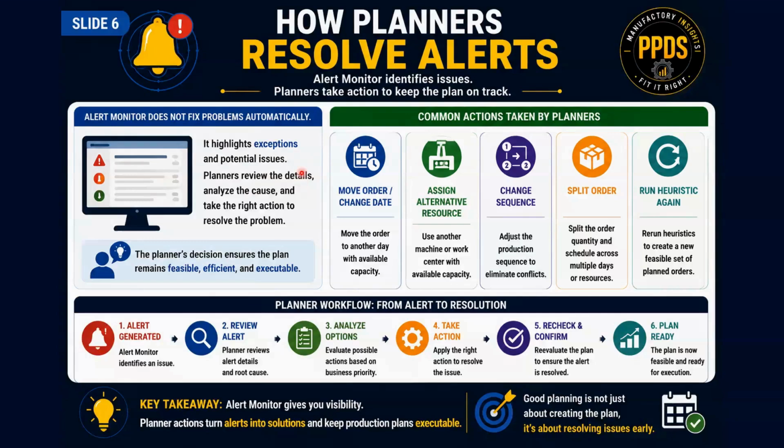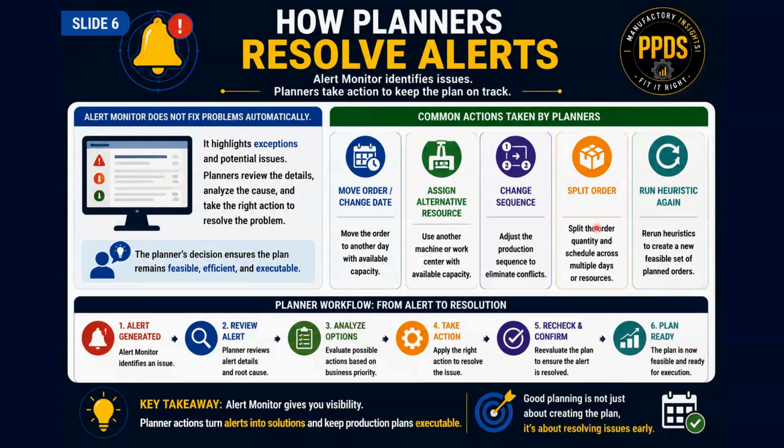Now let's see how planners resolve alerts. The Alert Monitor doesn't fix problems automatically. It helps planners identify problems quickly. The common actions include moving the production order to another date, or changing the date in the planned order or the production order, assigning alternative resources, changing the sequence, or splitting the order quantity.